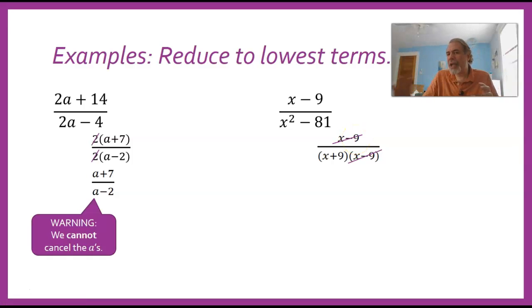But when you divide by everything that's there, we had x minus 9, we divided that by the whole x minus 9 thing. What's left? What do you end up with when you start with something and you divide by that very same thing? 1. So if we canceled all the factors, there's a 1 left over on top over the x plus 9 on the bottom. So the final answer in lowest terms is 1 over x plus 9.